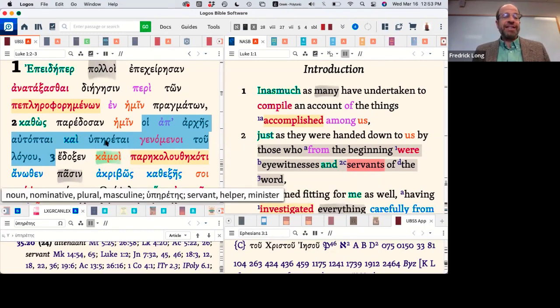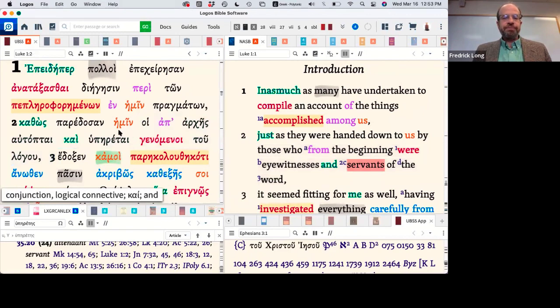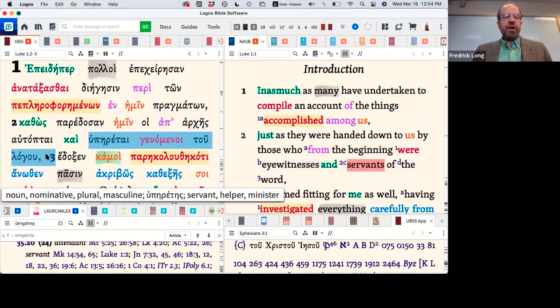And here you have a discontinuous element, servants of the word, of the matter. And maybe that of the matter of the word applies to both eyewitnesses, and then we have the qualifier from the beginning. So probably what you have is a nice balancing of two modifiers. One is from the beginning, eyewitnesses, and the other is servants of the word. So I would suggest that you have that going on.